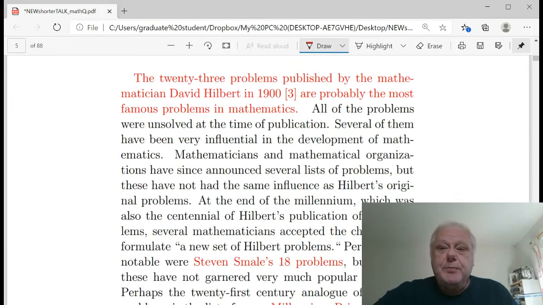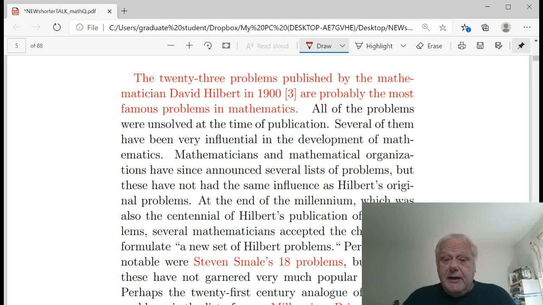So perhaps the most famous list of problems is the list of problems published by the German mathematician David Hilbert. All of the problems at the time that he published them were unsolved. Several of the problems have been extremely influential in the development of mathematics.